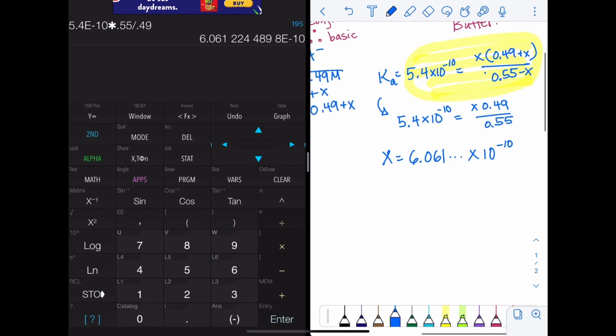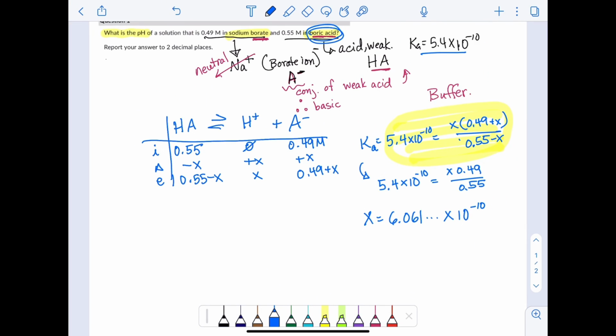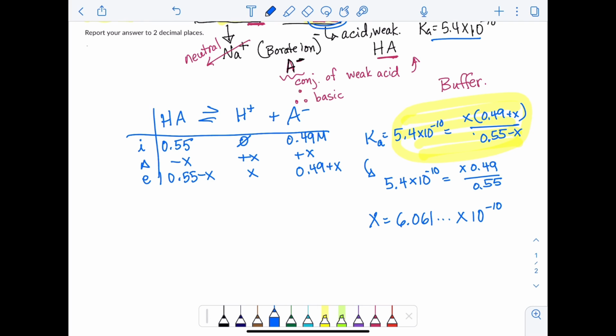If I come back to my problem, that is the value of x, and x is the H plus concentration. All right. And so what is the pH of?